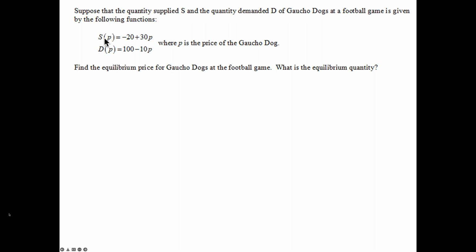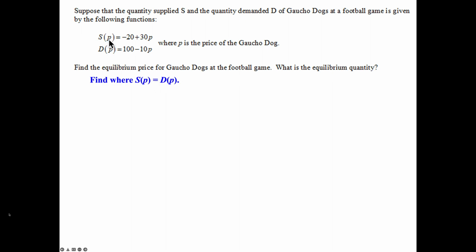Your supply at a given price P is equal to negative 20 plus 30P. Your demand D of price P is equal to 100 minus 10P. Again, P will be the price of the gaucho dog. Find the equilibrium price for the gaucho dogs at the football game, and then we'll find the equilibrium quantity.